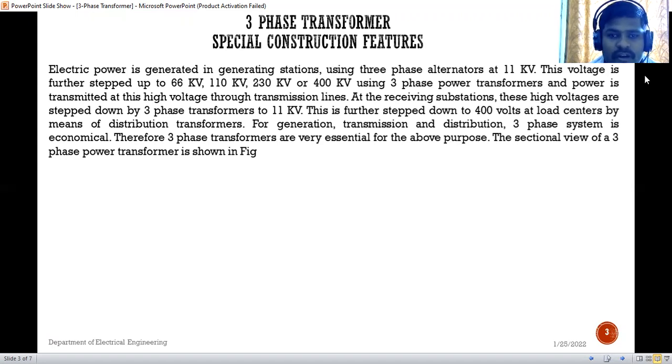Now, for generation, for transmission and for distribution, a three-phase system is economical. Okay, so voltage generate करण्यासाठी किंवा voltage transmit करण्यासाठी or to distribute the voltage, the three-phase system is economical.